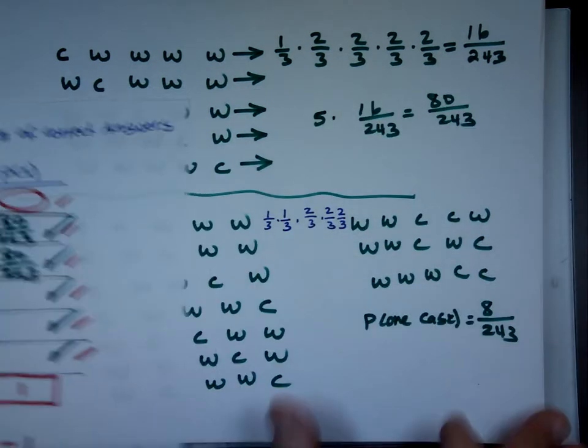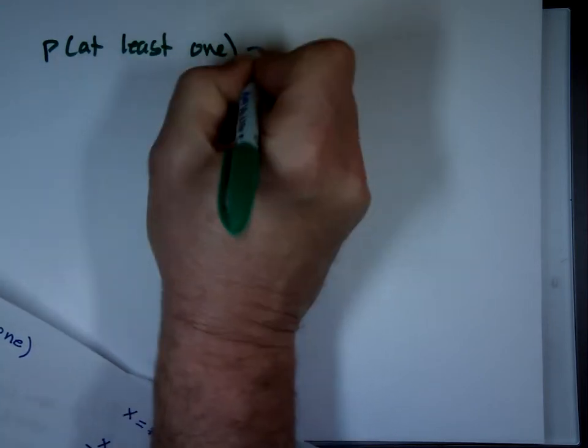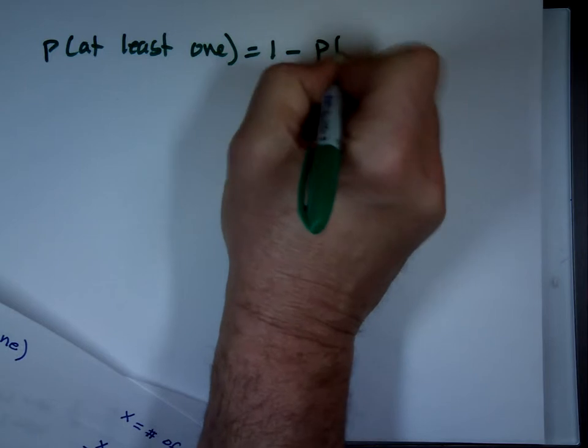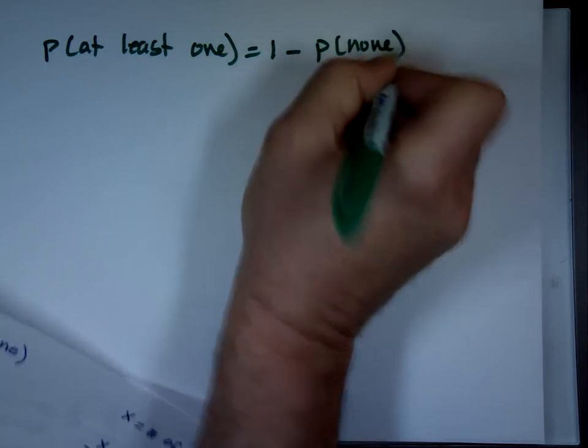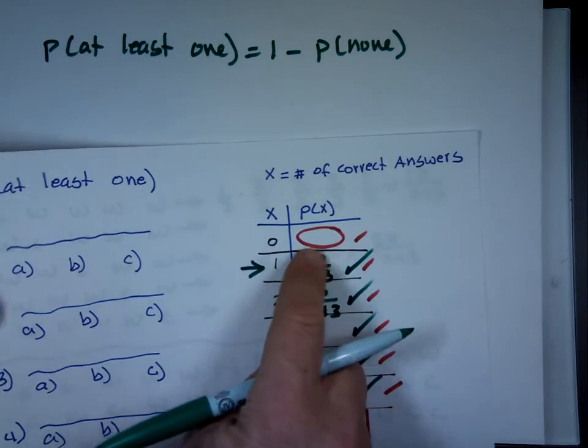So from now on, when you see the probability of at least 1, I'm going to use 1 minus the probability of none. That's the rule I'm going to use. It's called the complement. Now, to get no correct answer is really straightforward.